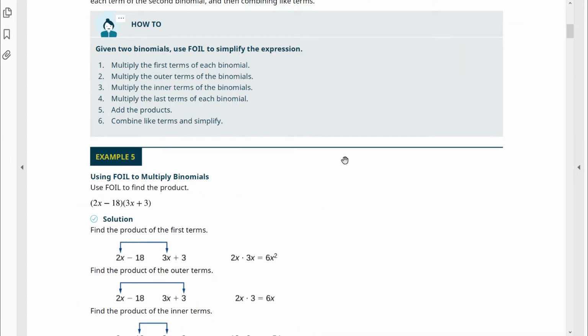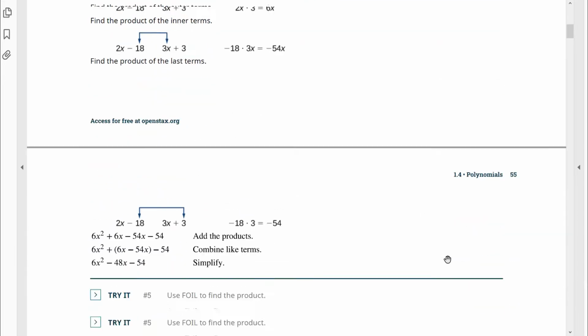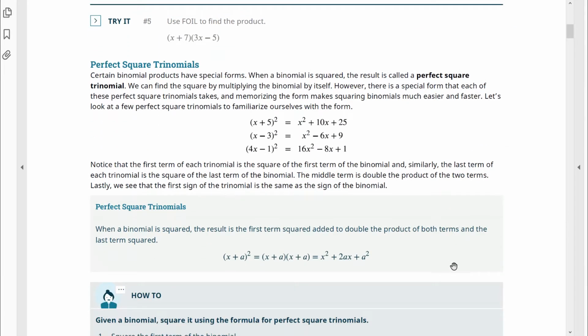Let's continue reviewing the book College Algebra, Second Edition. Here are more explanations about the FOIL method. And then perfect square trinomials, meaning that the square of a binomial is a perfect square trinomial.